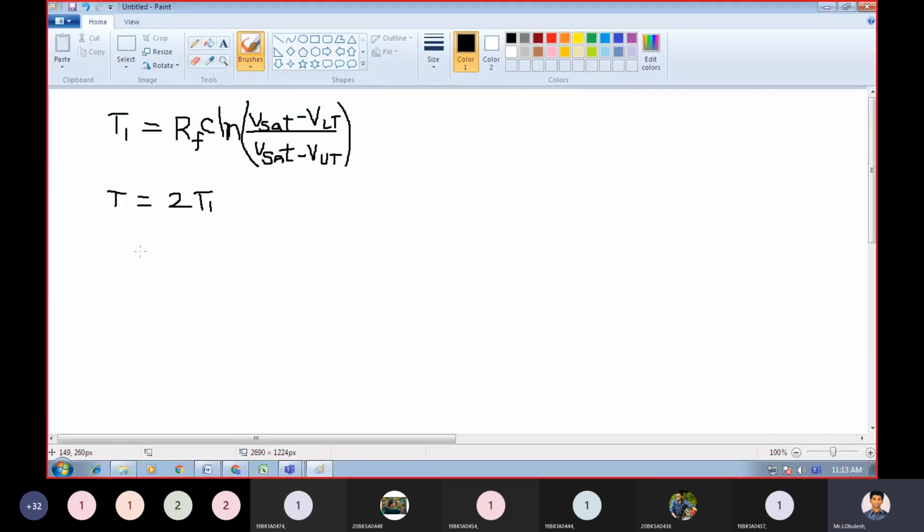Substitute the T1 value here, 2 into RFC, that equals 2 into RF C ln of V saturation minus VLT divided by V saturation minus VUT.